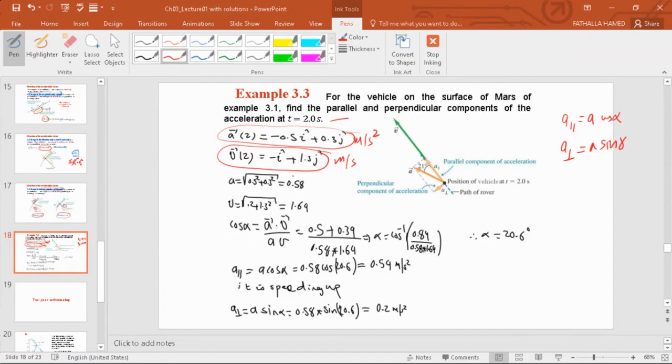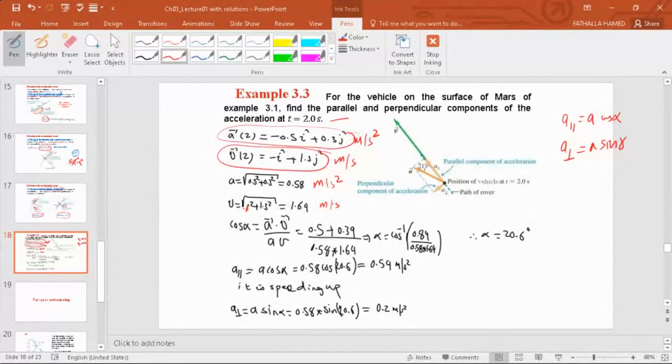So we take the magnitude of A, which is the square root of 0.5 squared plus 0.3 squared, and it gives me 0.58 meters per second squared. And I can take the magnitude of V, which is minus 1 squared plus 1.3 squared, and that will give me 1.69 meters per second.